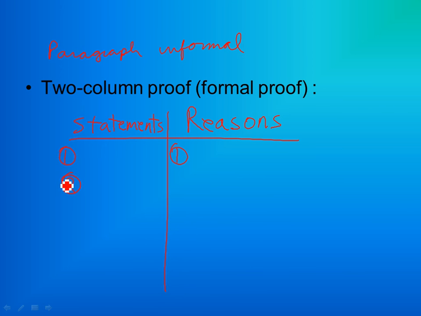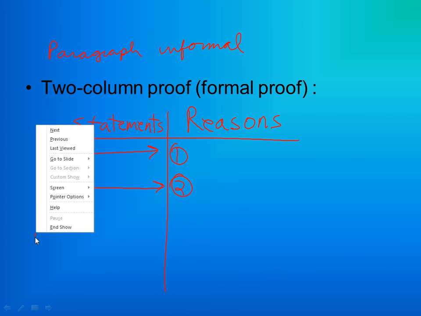Statement 2 goes along with reason 2. And you need to number each one of those columns so that you can tell which one matches up to which one. So that's a 2-column proof and what it looks like. And again, in geometry, we call that a formal proof. It looks more like an outline, and a paragraph proof looks more like a finished thing for English class.